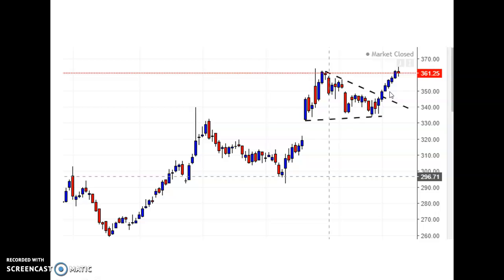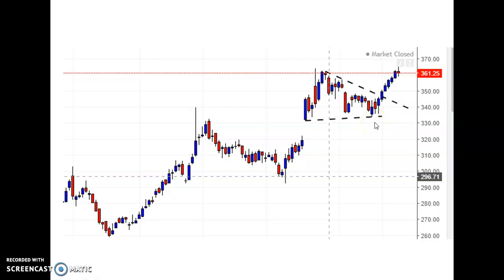Now the double bottom. A double bottom forms when the price makes a low within a downtrend and then pulls back to the upside. On the next decline, the price stalls near the previous low, then rallies above the pullback high. It is called a double bottom because the price stalled in the same area twice.